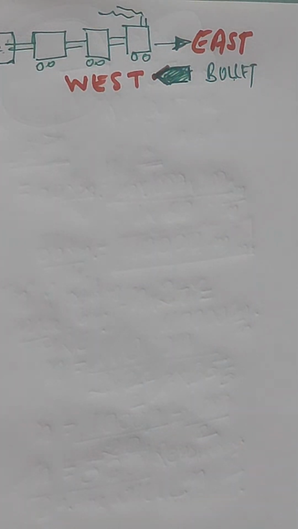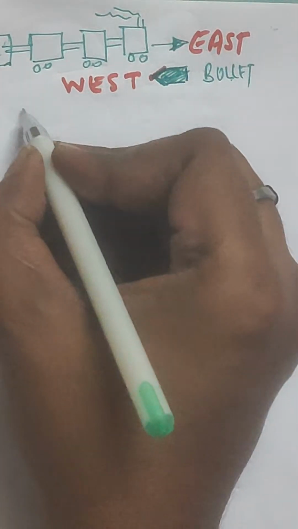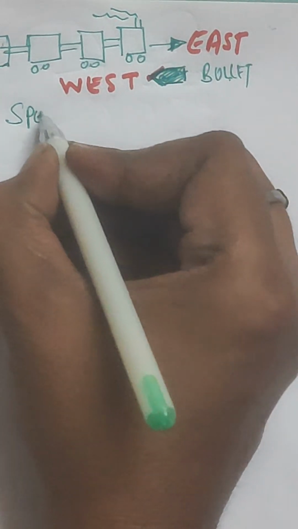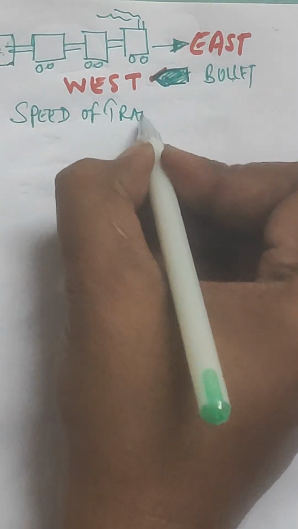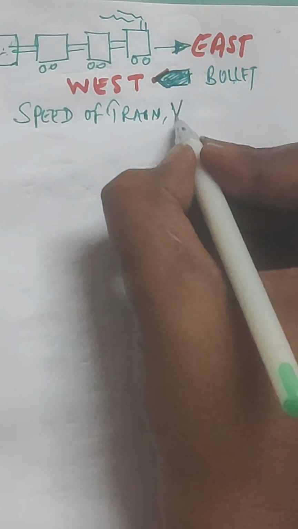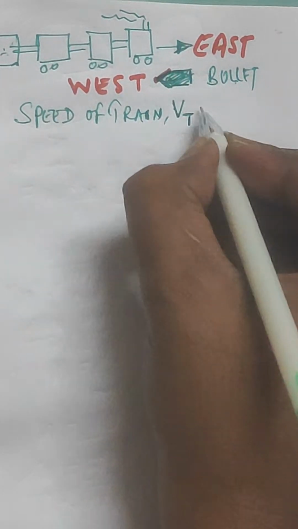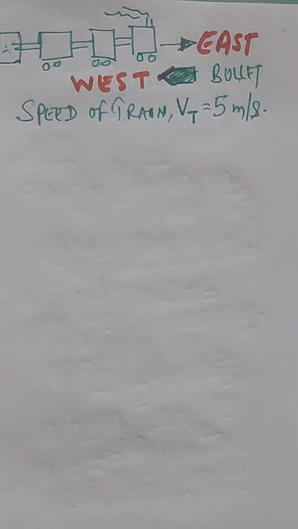And the question is that if a train is moving in east at a speed of 5 meter per second, so the speed of train Vt is given to you as 5 meter per second, right?